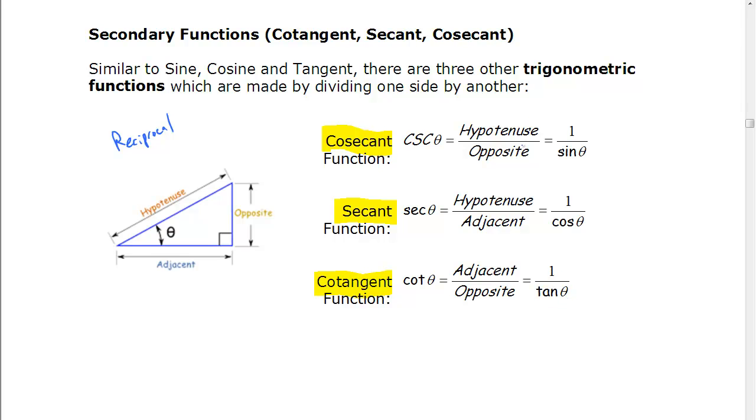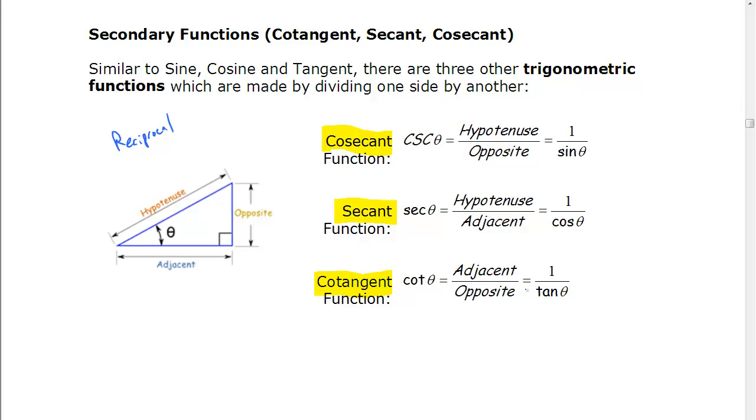If you look at what we did a minute ago, sine was opposite over hypotenuse, so the reciprocal would be hypotenuse over opposite. So we can also remember the rules for the secondary functions. Your calculator is only going to be able to do sine, cosine, tangent, the primary functions.